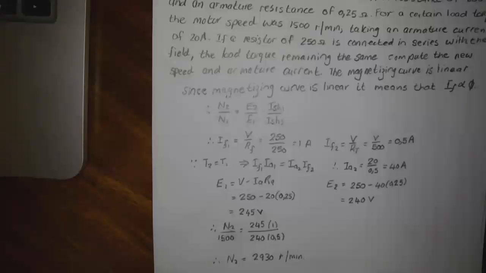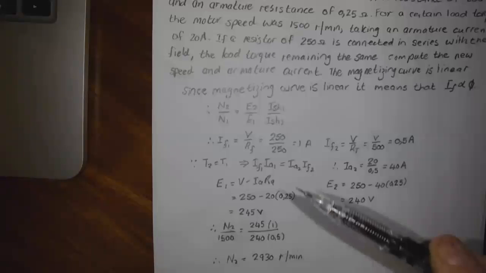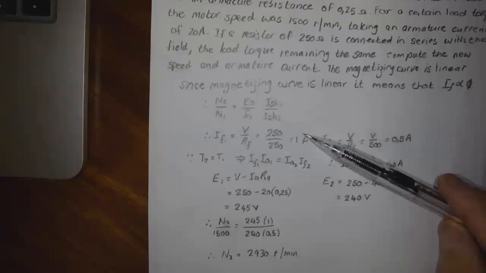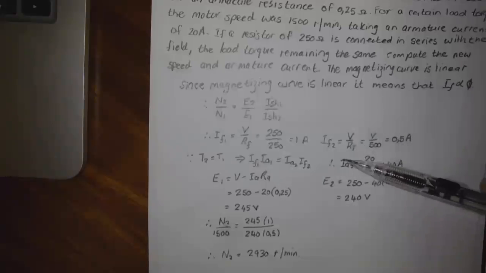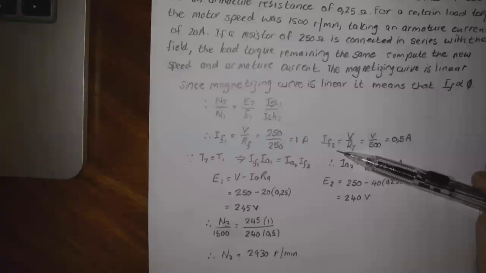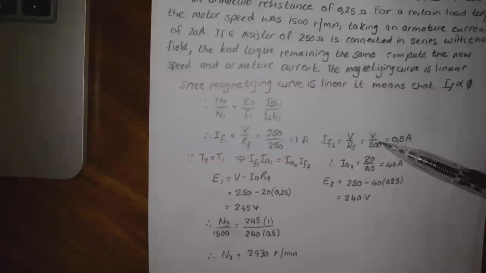Okay, let's change the speed now. So the field current is then 250 divided by 250, which is 1 amp. And then for the second field current, it will be V over R total, which is 250 divided by 500, which gives us a half amp.